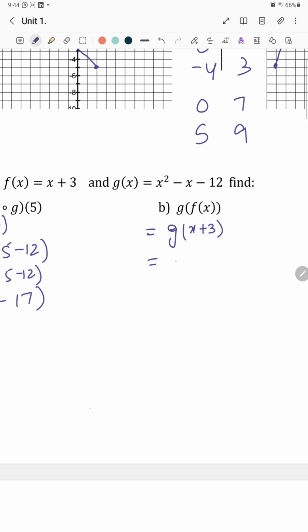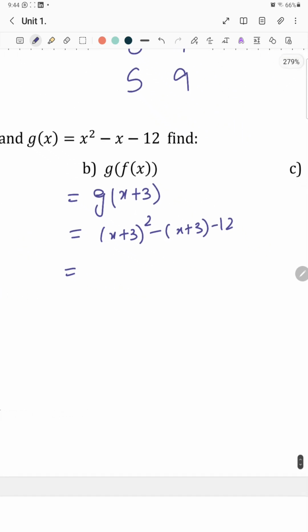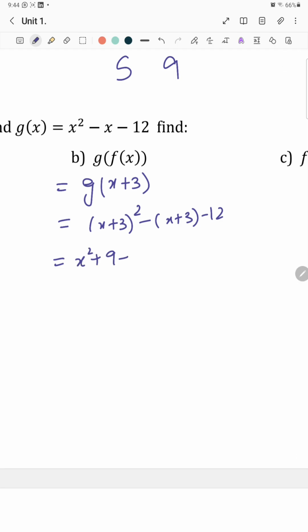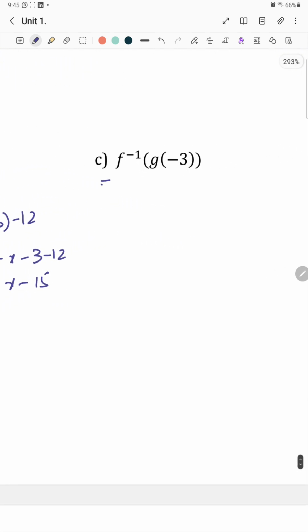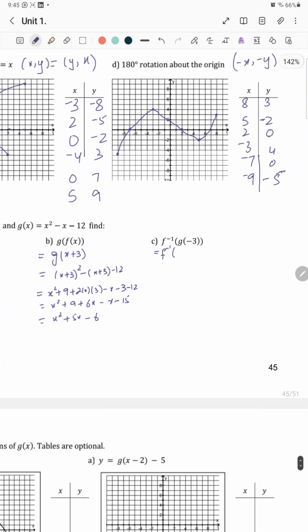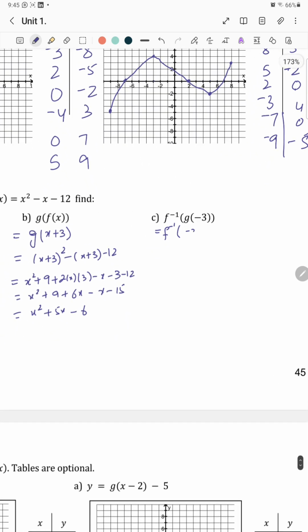Now this will become our x, so it would be (x plus 3) square minus (x plus 3) minus 12. For g of minus 3, put minus 3 square minus 3 minus 12.